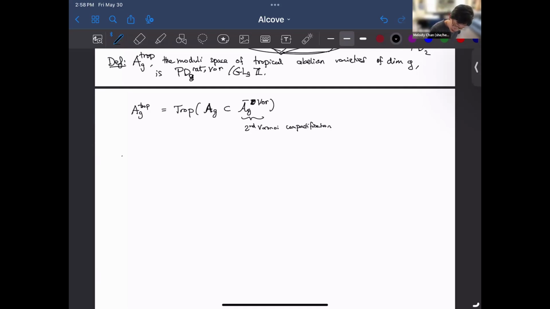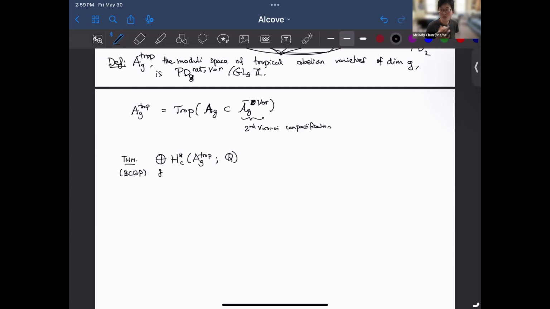And maybe I'll just end with an intriguing, perhaps, theorem statement, joint with Brown, Galatius, and Payne. It says that the compactly supported cohomology of the space AG trop, these spaces are interesting.